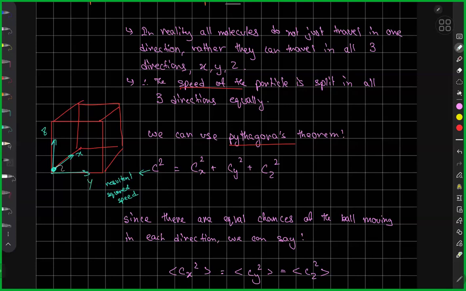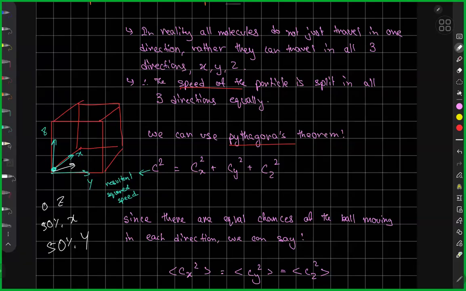If the particle's direction is, let's say, over here, it has pretty much zero speed in the z direction. It has, let's say, 50% of its speed in the x direction and 50% in the y direction. So this particle's components are mostly in x and y. No amount of its speed is in the z direction.